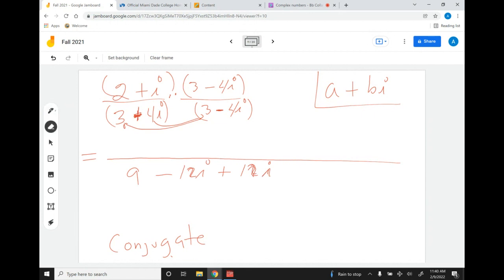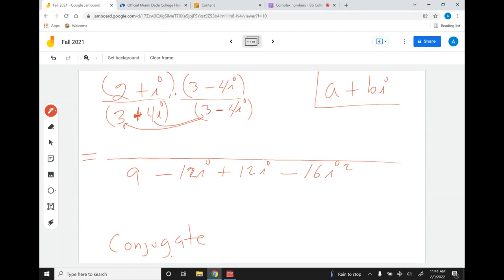Okay, that's a horrible 12i. Let me erase this. And then I do 4i times negative 4i will be negative 16i squared. Then I'm going to go back to the denominator and simplify it.